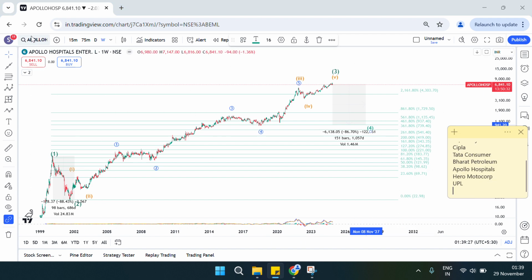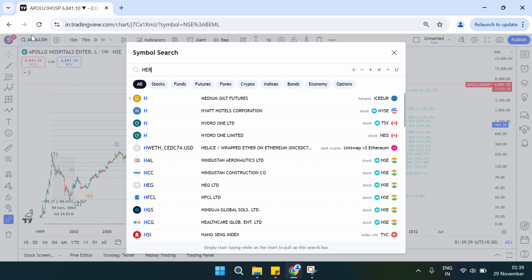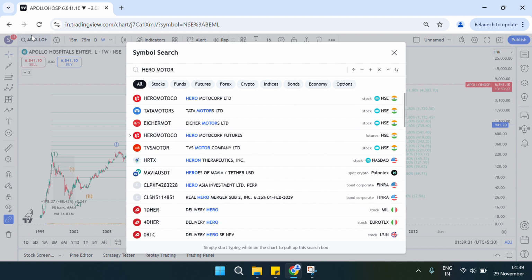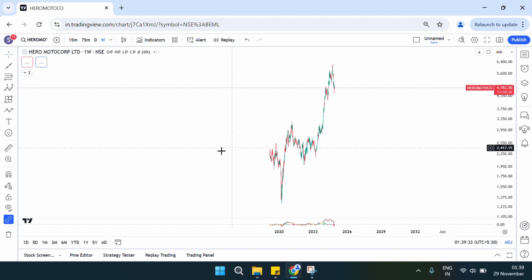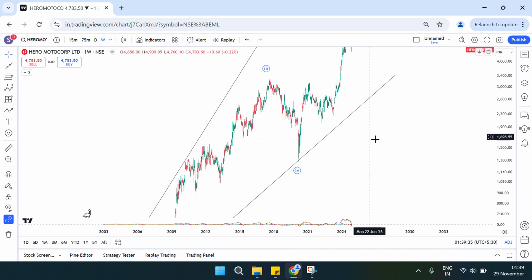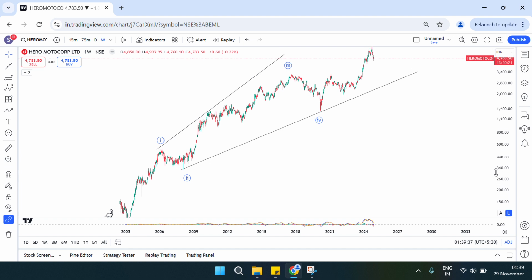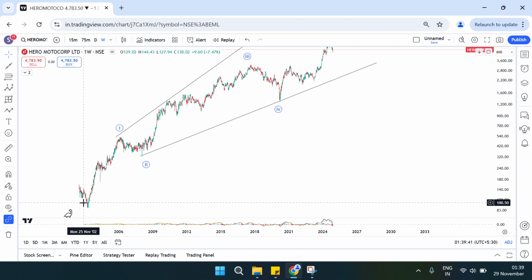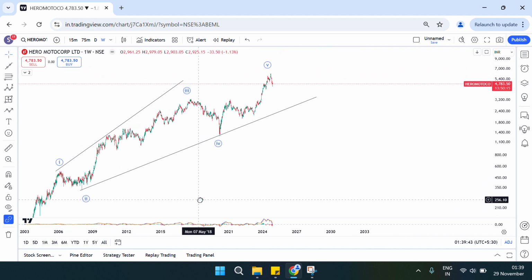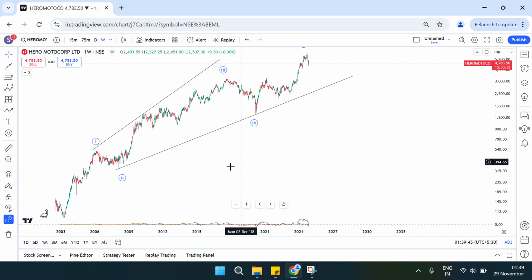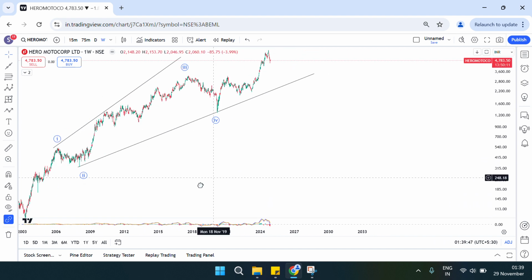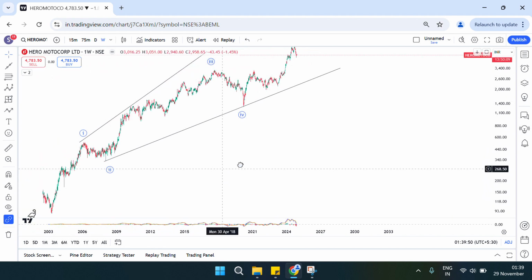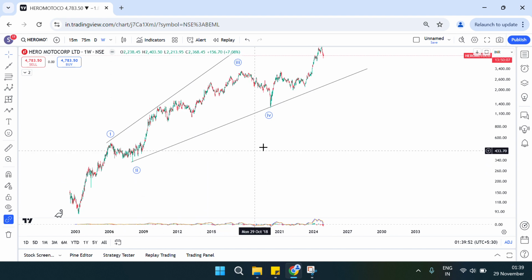Next we have Hero MotoCorp. Now Hero again, we are seeing a classic megaphone from the listing that's in 2003. We are still in the first business cycle, first entire move that we are seeing.